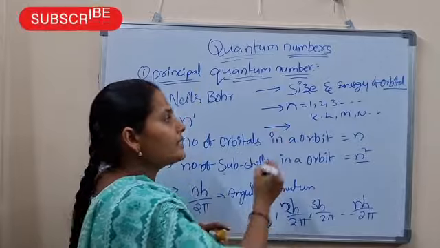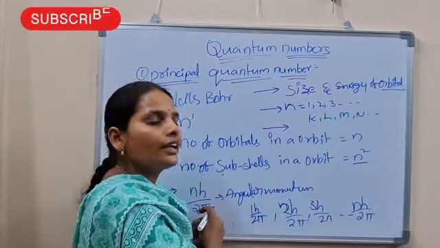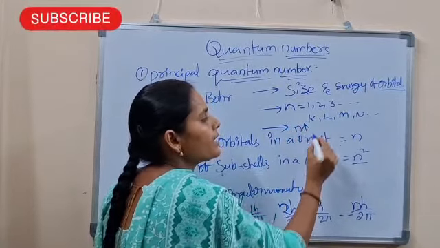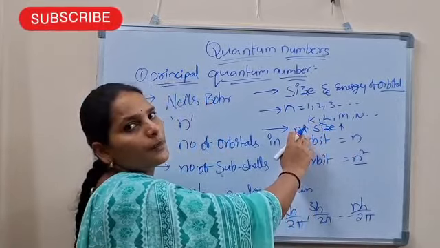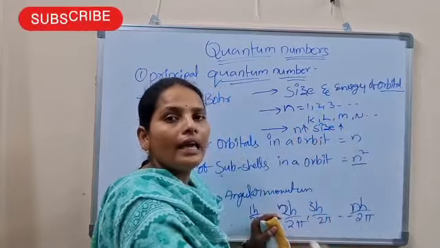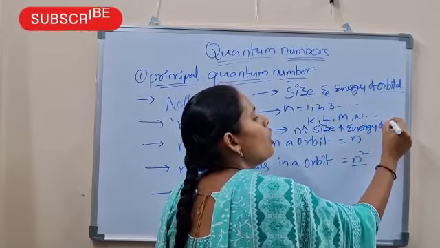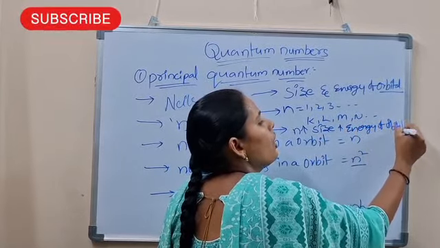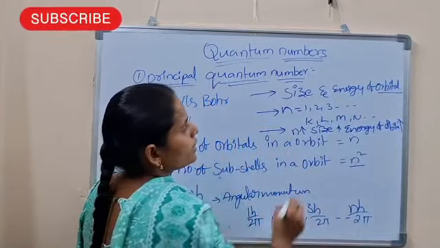Next point. As n increases, size increases. Here n is the number of orbitals, so as the number of orbitals increases, size increases, and ultimately the energy of the orbitals also increases. Next point.